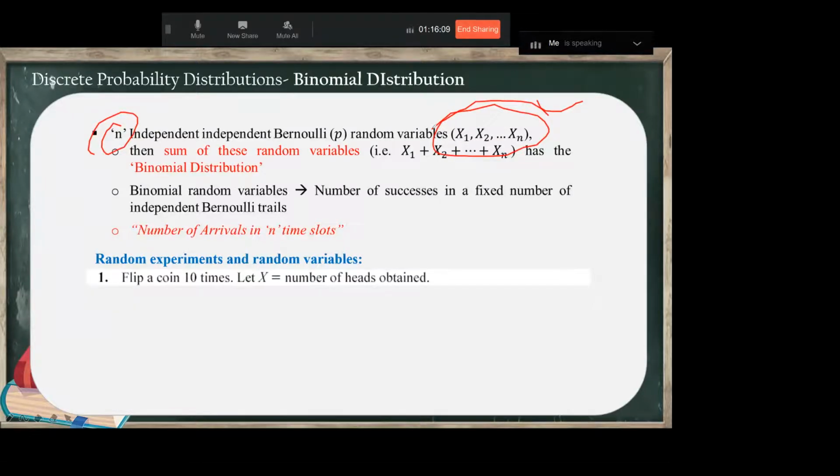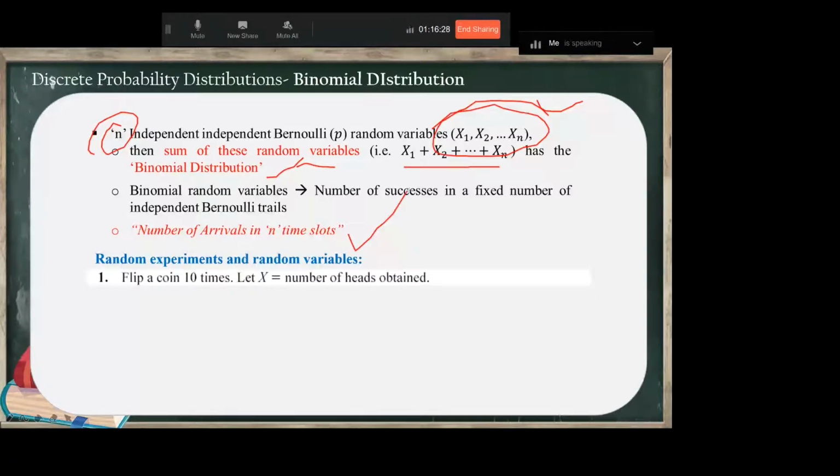So the sum of these random variables x1, x2, xn has a binomial distribution. So we can say a binomial random variable is the number of successes in a fixed number of independent Bernoulli trials. As I told you, number of arrivals in n slot times.